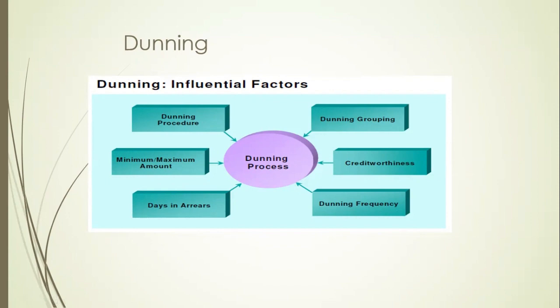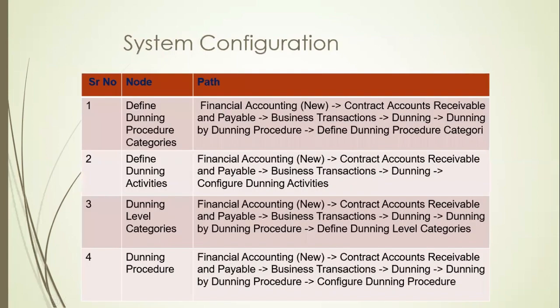Okay. And once we group the dunning labels and dunning procedure, we'll create a dunning grouping. And once that is done, then we generate the dunning process with a frequency, like every day at night at this time, that frequency we put. And once all this stuff is done, it will impact the credit worthiness. So these 6 parameters, if you understand correctly and configure correctly, your dunning process is over.